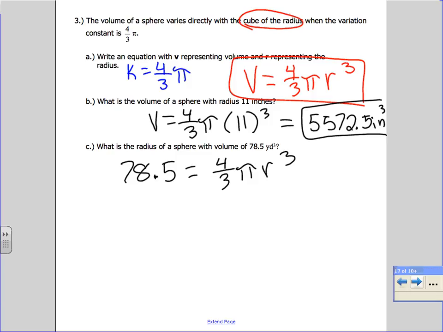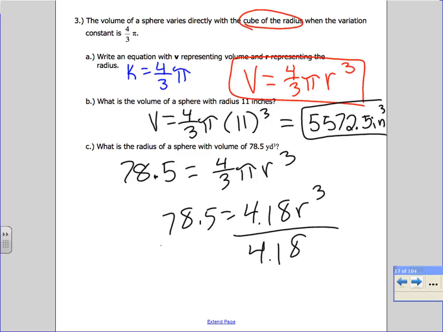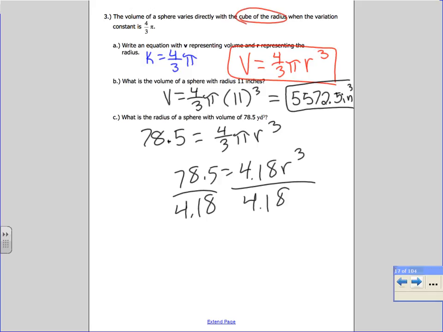Whatever decimal you get, you're going to take 78.5 divided by that. So can you tell me what's 4/3 times 3.14? Gigi? Okay. So the next thing we need to do is divide both sides by 4.18. And you guys should get 18.75.